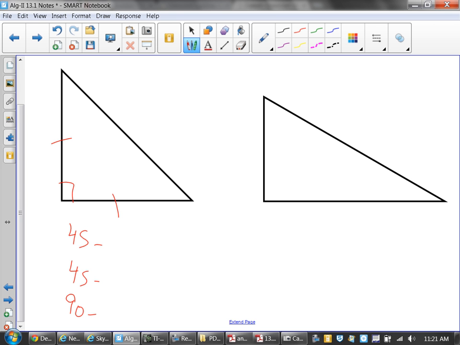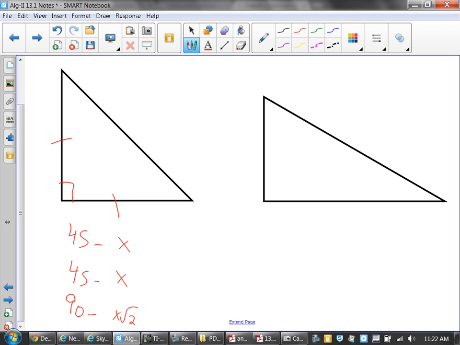Now, when you're dealing with those, you remember the ratios of sides? It's x, x, and then what's the last one? X root 2. Good. And what I'm going to do in a second to show you how this works, there's going to be a generic way of writing these out.